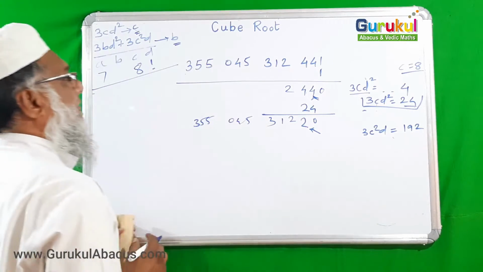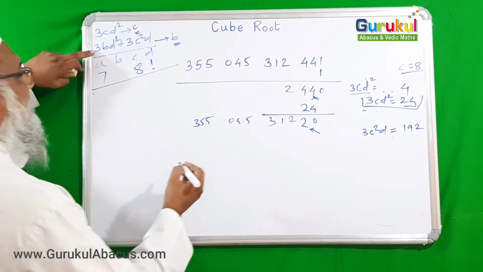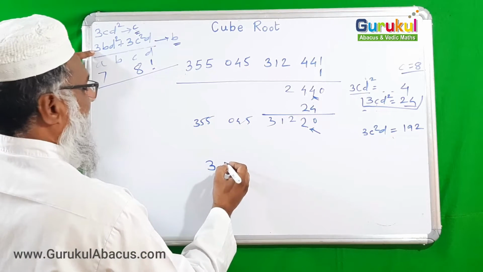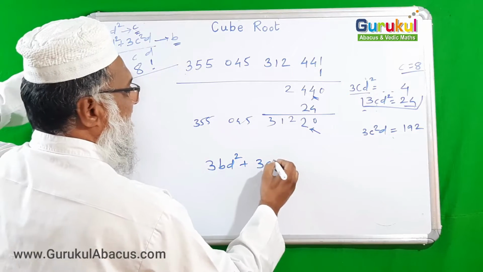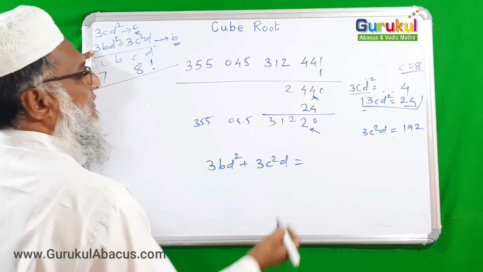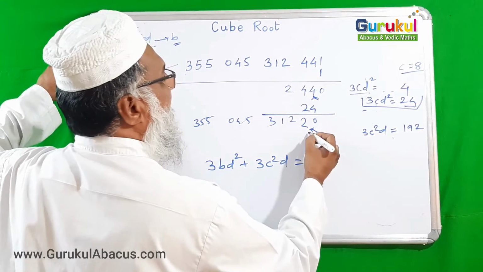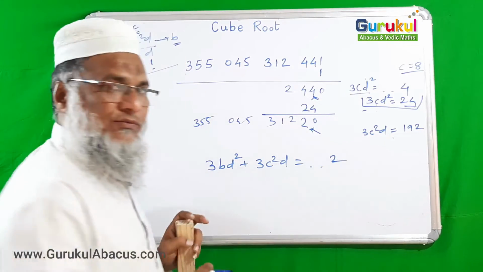Okay, so now our term 3BD square plus 3C square D is equal to, what is the ending digit we have just found here? 2. Is it?